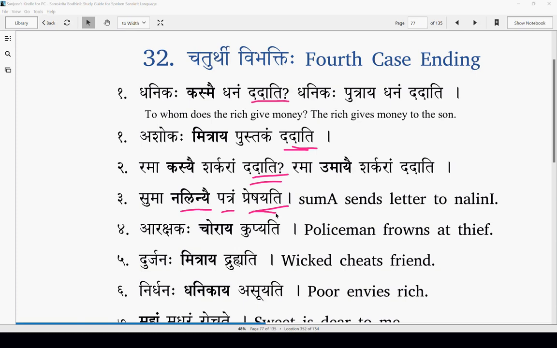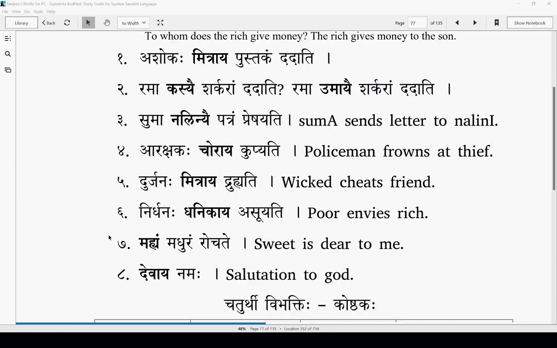Now, other than those, sending, distributing, giving out something for somebody, there are other kriyapadas also wherein Chaturthi Vibhakti is used. For example, here, number 4. Pune, can you read this?